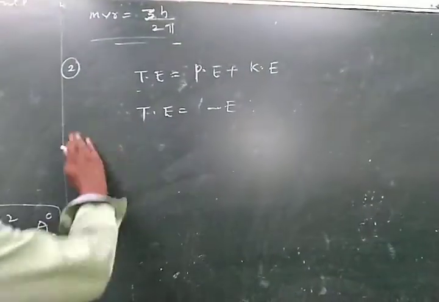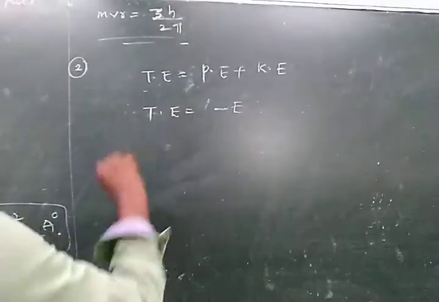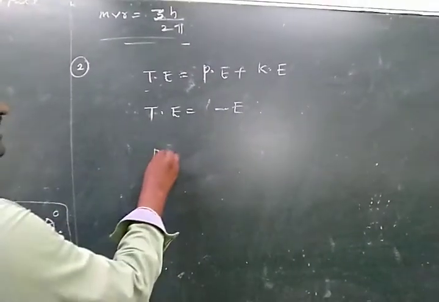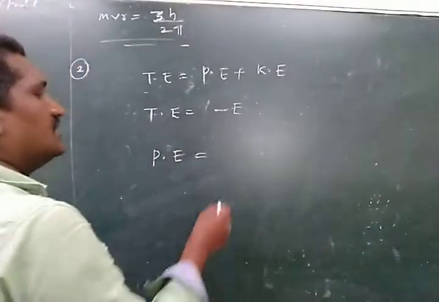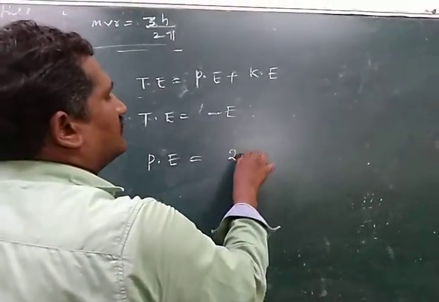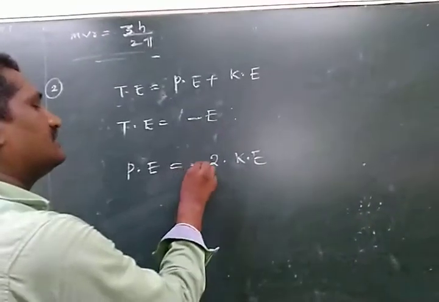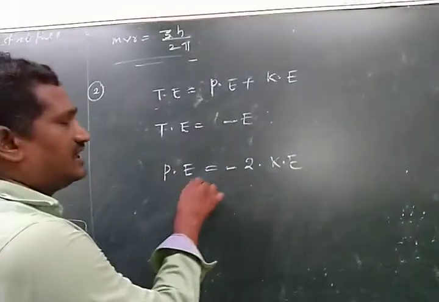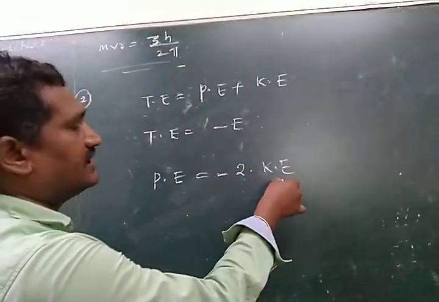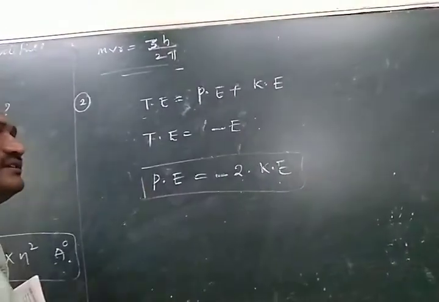We know some formulas. Potential energy is always 2 times the kinetic energy with the opposite sign. That means potential energy equal to minus 2 times kinetic energy. This is one formula.